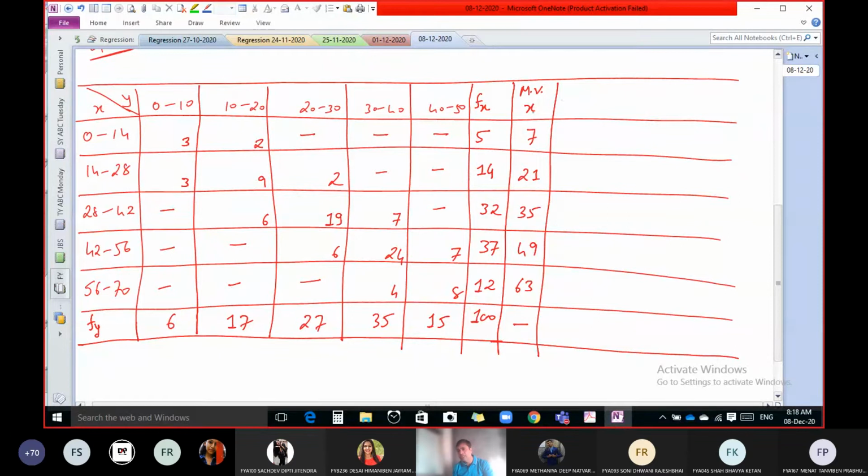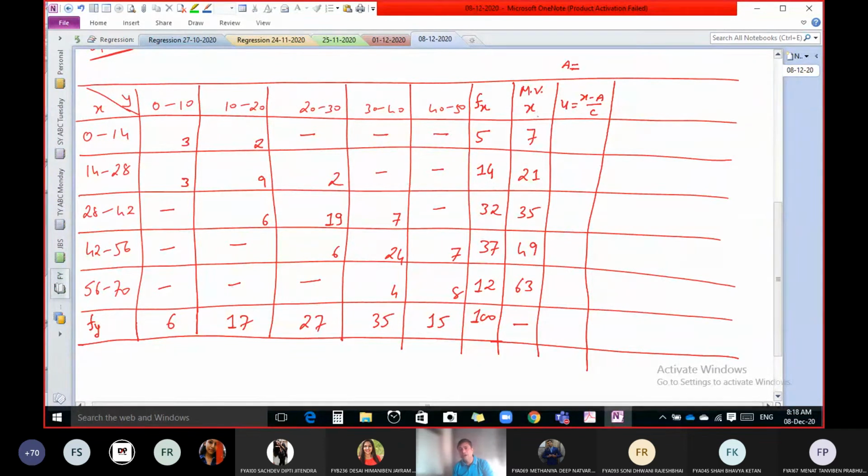Now convert this x into u. How can you convert into u? There is a formula: x minus a upon c. Now, does any of you have any idea what the a should be here?